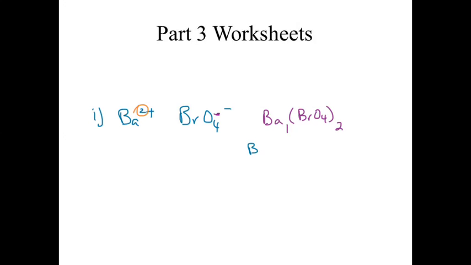So the first name is barium, no Roman numerals, and the last name is perbromate. Do not blow off this topic of nomenclature for ionic compounds. I already told you your unit exam is going to be a fifth to a fourth of this very stuff. And this is the only place we're going to hit it hard.